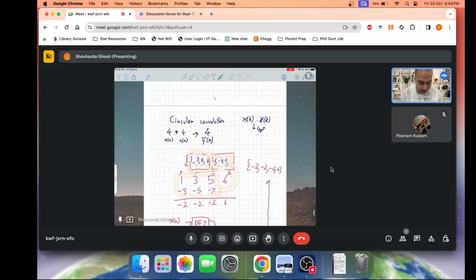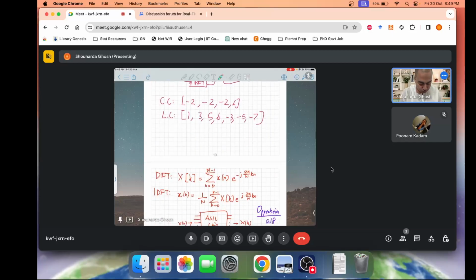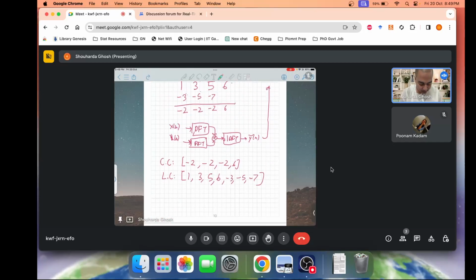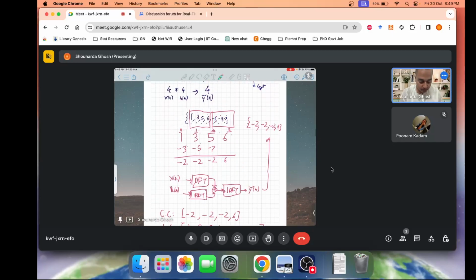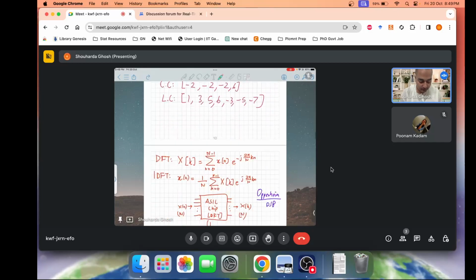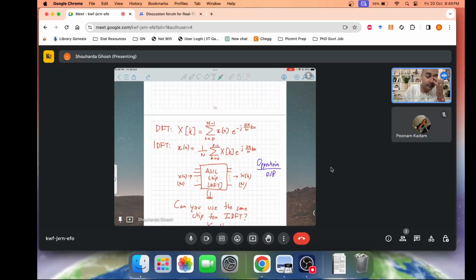Like 1, 3, 5, 6, I keep them as they are, and the next 3 samples I place just below the first 3 samples, and then I add them and I get the 4 samples. So you see, it's like aliasing in the time domain. So you can see circular convolution and linear convolution are different for some 4-point DFTs. So this zero padding actually helps prevent that from happening.